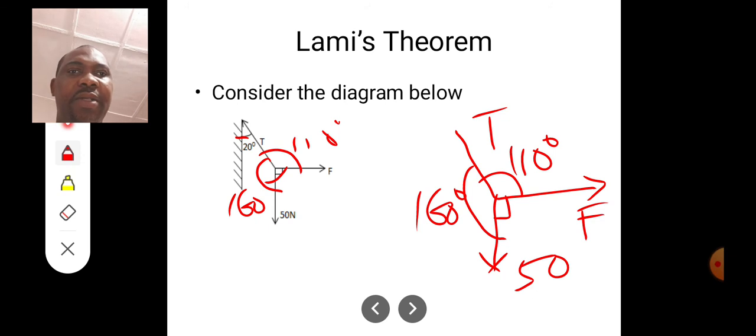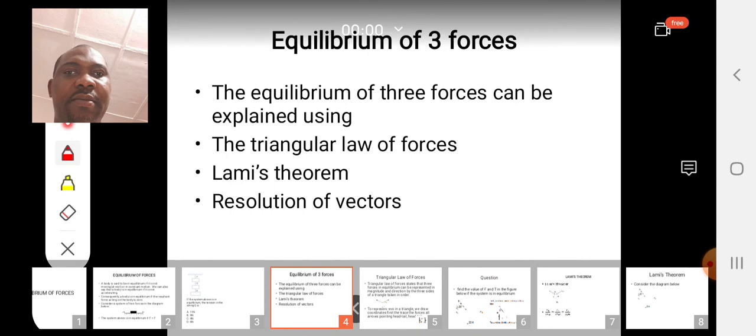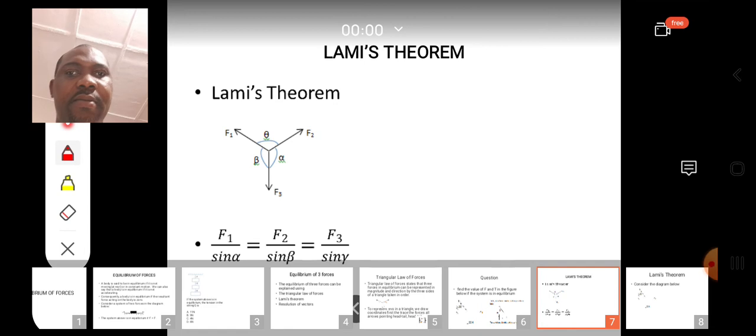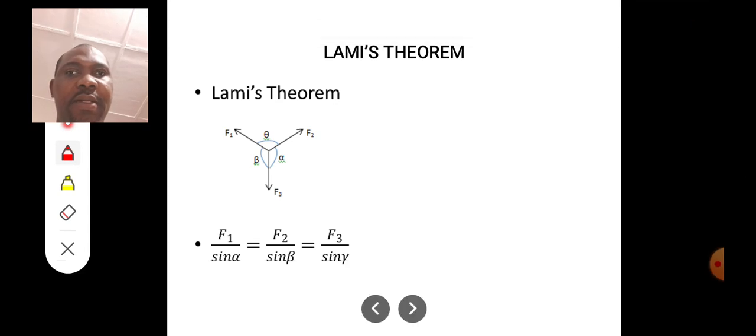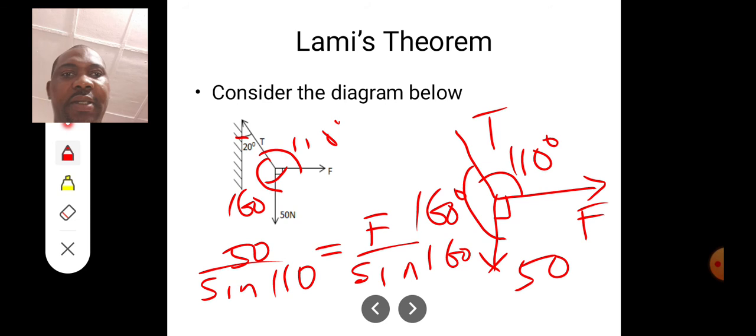So according to Lami's theorem, I can say 50 all over sine 110 is equal to, for F, F all over sine 160.